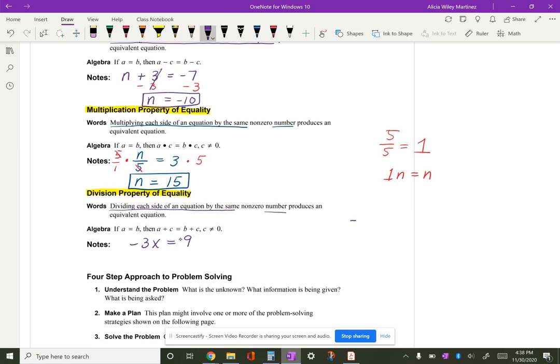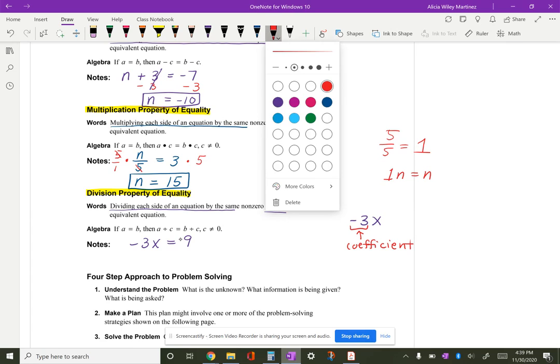Remember that negative 3x includes what we call a coefficient. A coefficient is a number that is multiplied to a variable. The number on the other side, 9, that is not considered a coefficient. That would be considered a constant value.